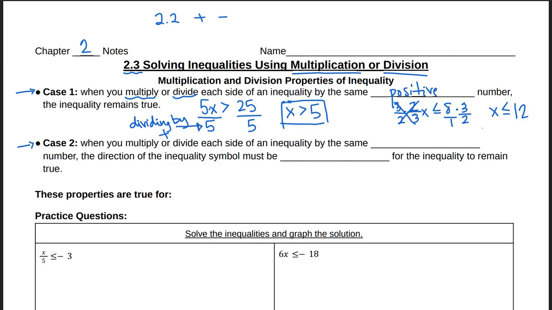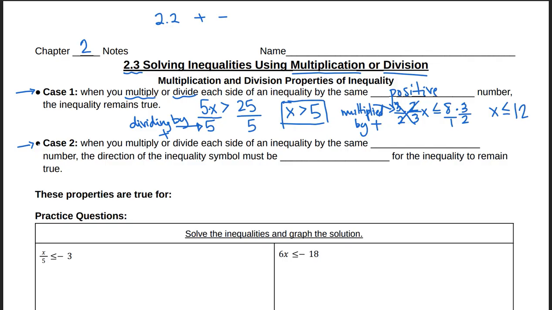When we talk about multiplying by a positive number, we multiplied by a positive 3/2. What did we do to the inequality to solve? It has nothing to do with how the inequality started out, whether they're positive or negative numbers. It's about the action that we take to solve.